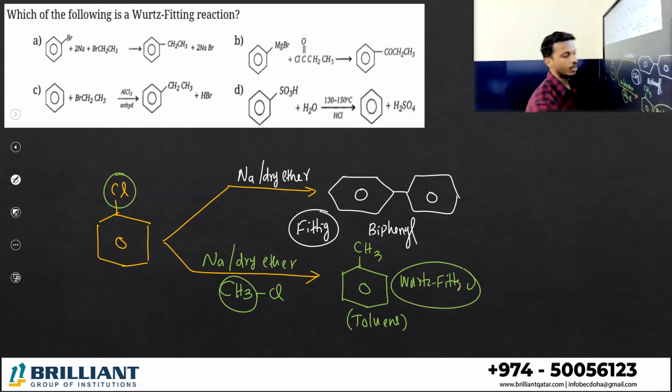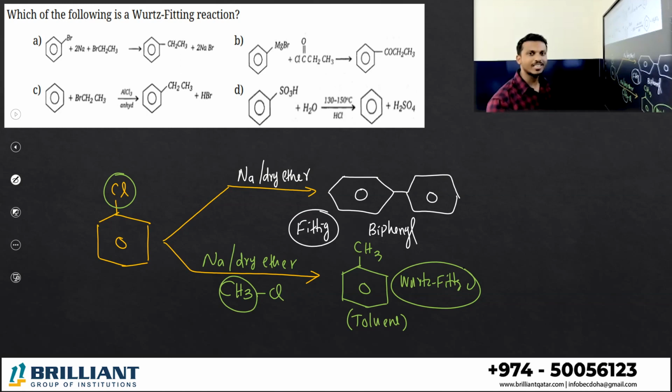So question, which of the following is a Wurtz-Fittig reaction? Simply we can say, what is Wurtz-Fittig reaction? A haloarene reacting with the sodium and dry ether in presence of a haloalkane. The alkyl part is attacking on the benzene ring instead of the halogen. Even the starting material is enough to get your answer, right?